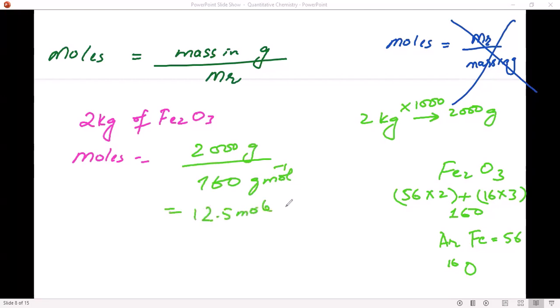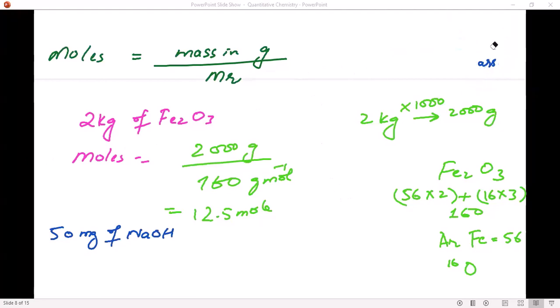So this is how we find moles. If they give us 50 milligram of sodium hydroxide and ask us to find moles, first convert milligram into gram. When you need to convert milligram into gram, divide by 1,000.